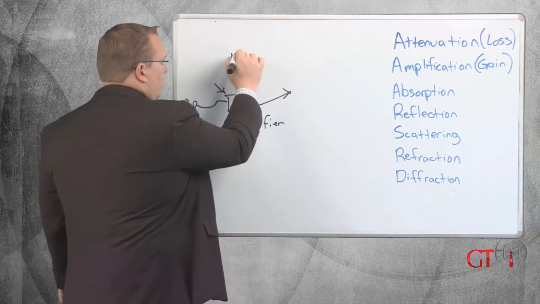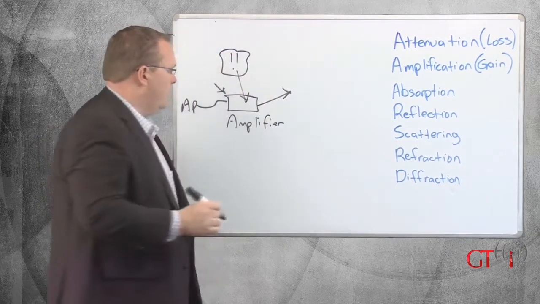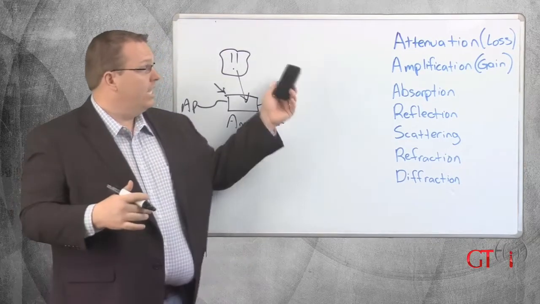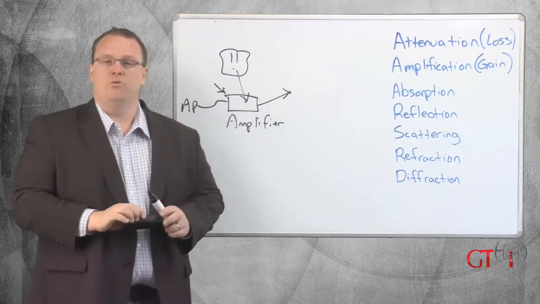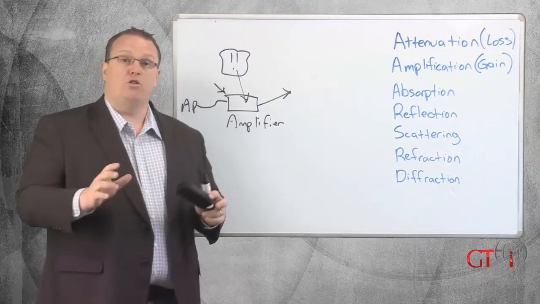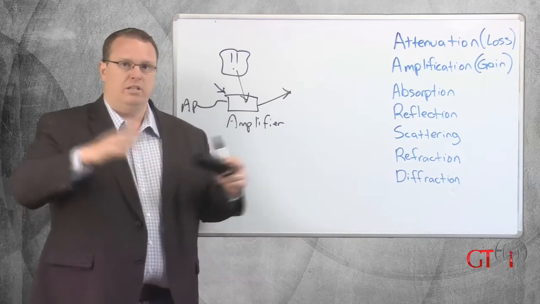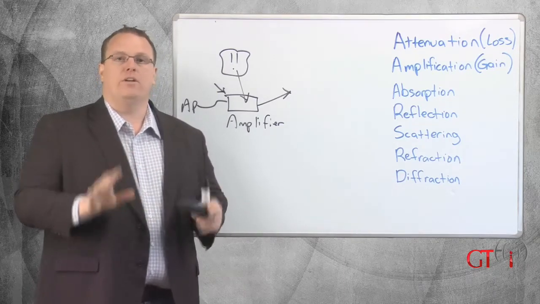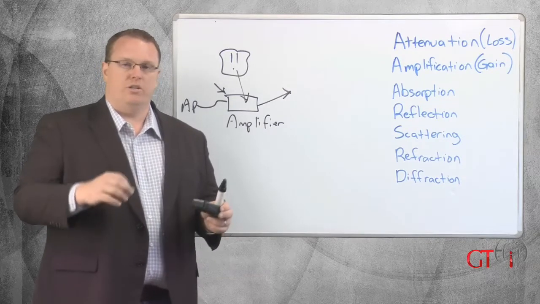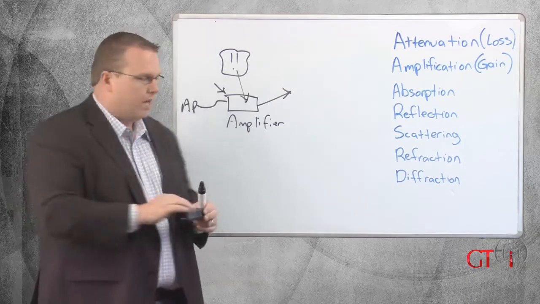So this would have electricity powering that amplifier in order to get that gain that we're looking for. In Wi-Fi, these are actually not used very often anymore. I used to use them a lot 10, 12 years ago when I was trying to do really long distance shots. Today, you don't really need to do that. I'm not saying you'll never see them, but just know that these are definitely not something you're going to run to the store and get and use every day.